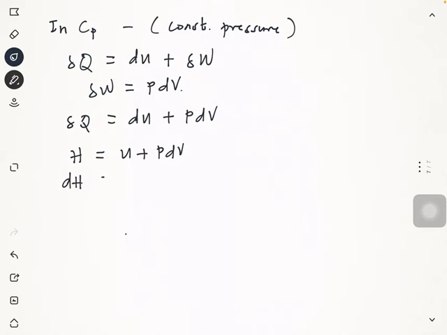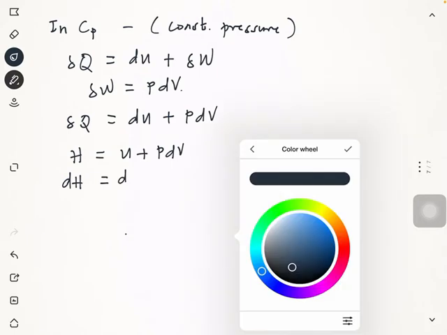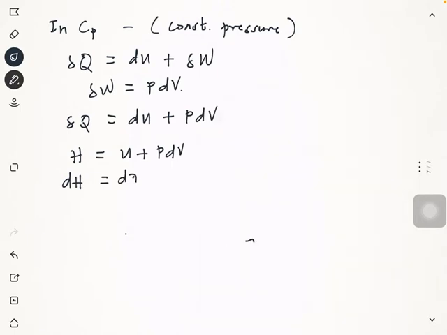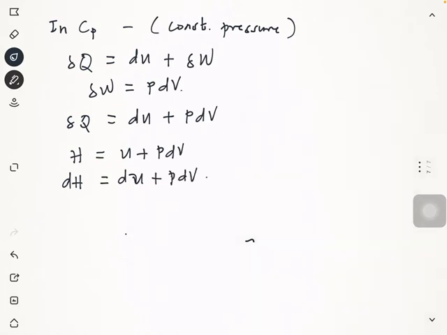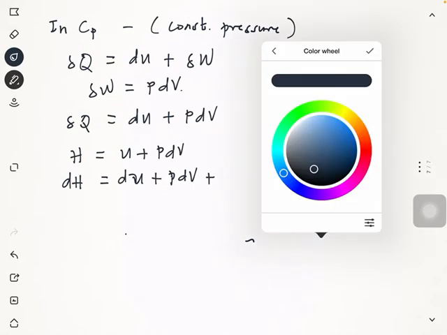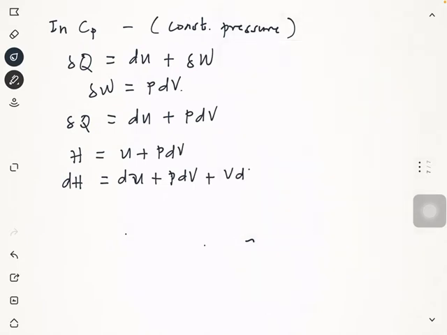I'm going to take the derivative, dH is dU plus PdV plus VdP. And since this is constant pressure, this dP here is 0. So the inexact differential of Q is equivalent to dH.